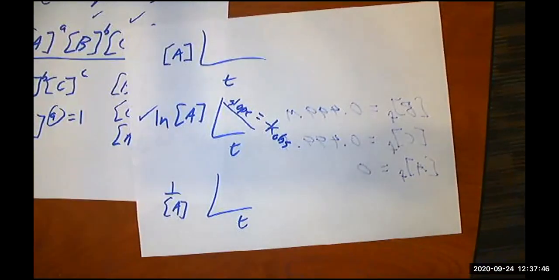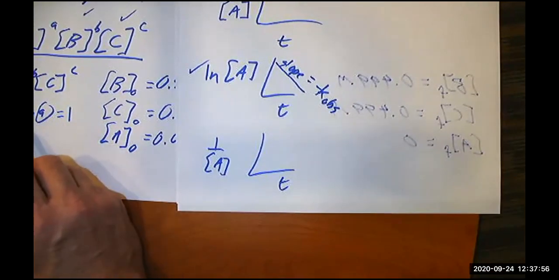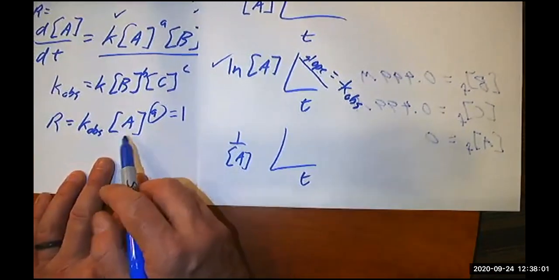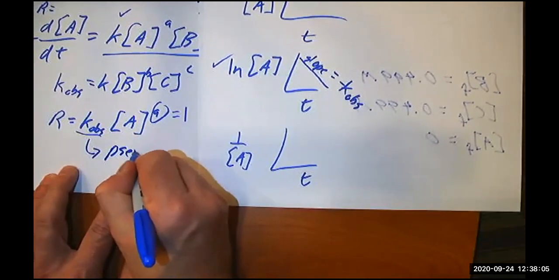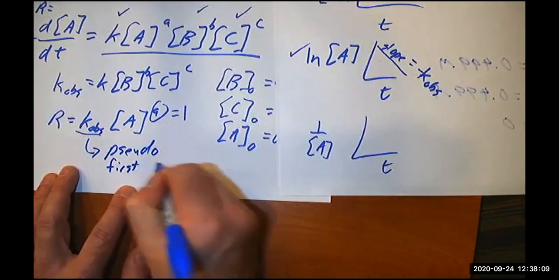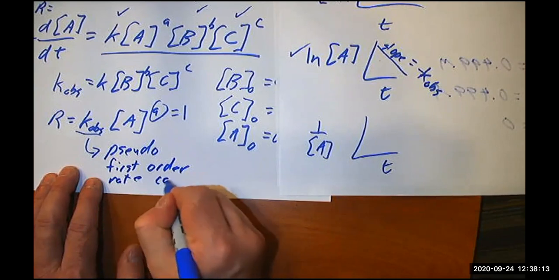So what that means here is that the reaction is first order in A, reaction is first order in A, and this is therefore known as a pseudo first order rate coefficient.